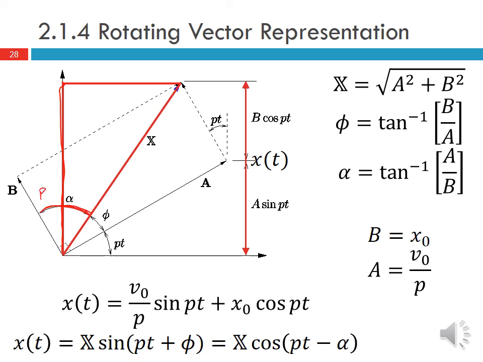This angle here is pt. So this angle is alpha minus pt. So if we write this as x cosine pt minus alpha, noting that the cosine of pt minus alpha is equal to the cosine of alpha minus pt, those things are equivalent. So you can see, again, that these are all equivalent and can be thought of as the vertical component of the position of this point as this vector rotates around.